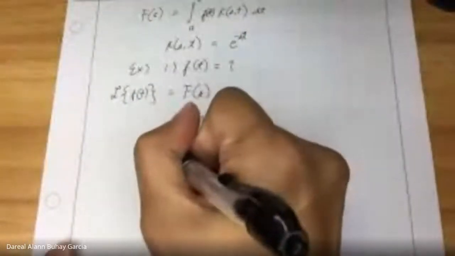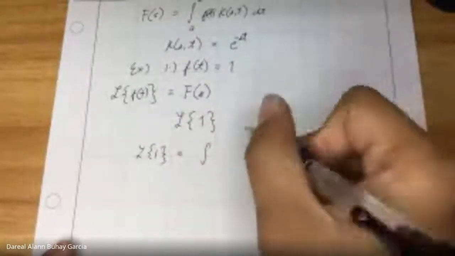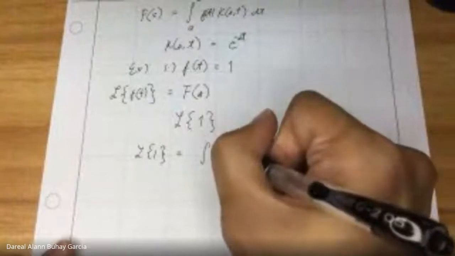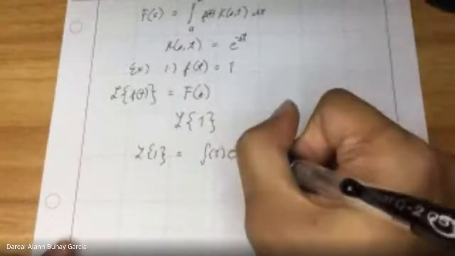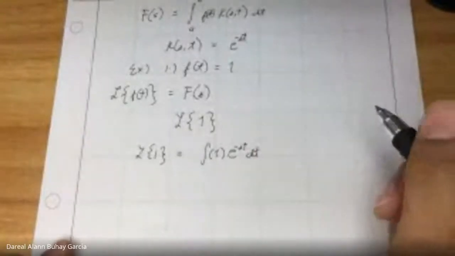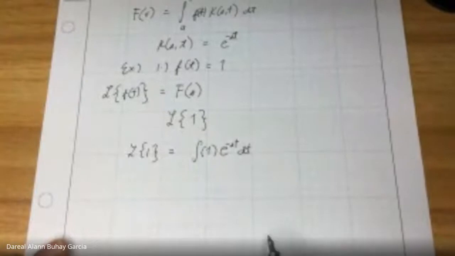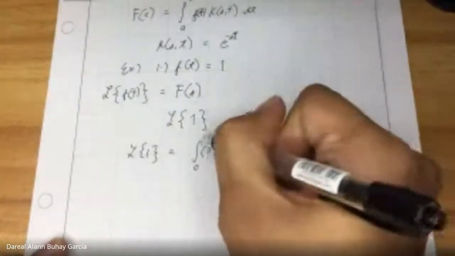So, the Laplace transform of 1 is equal to the integral of 1 times e to the power negative st dt evaluated from, nabot sa slide nga pag Laplace transform ang a ug b kay 0 and infinity, from 0 to infinity.